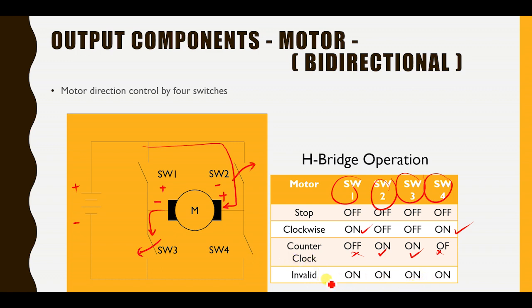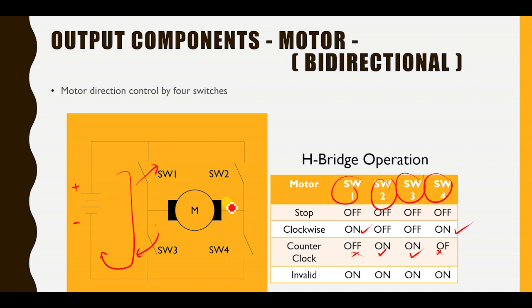By right, if you do this physically, let's say you turn on switch 1 and switch 3 simultaneously, what do you think will happen? Basically, it's going to be like a short circuit, which will drain out the battery or damage your power supply.